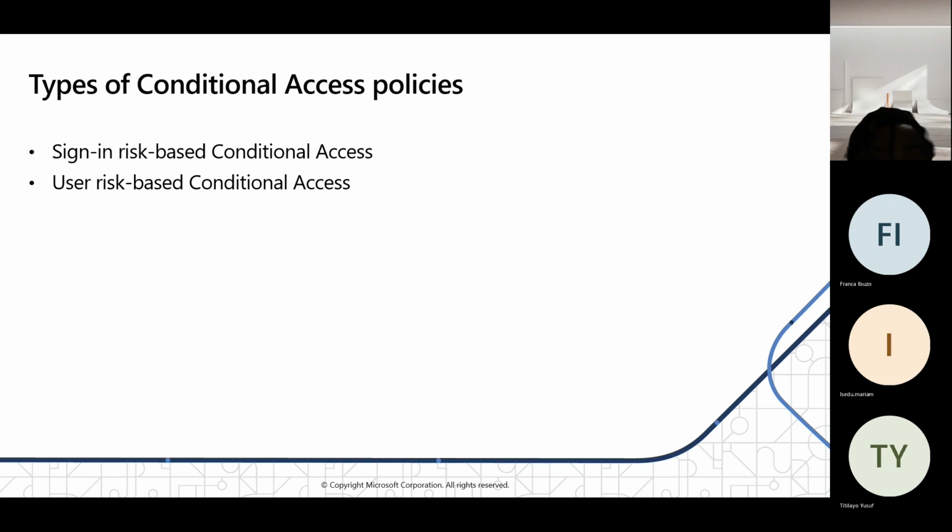So we have two key policies here: the sign-in risk-based and the user risk-based. This comes out a lot in the exam from the practice questions I've been looking at. Most users have a normal behavior that can be tracked. Like I said, if your business is not doing anything in Pakistan, the normal behavior is that you see users in Nigeria, maybe in Ibadan or Lagos, because your business is local, right? When you begin to see an anomaly in this normal behavior, it is called risky.